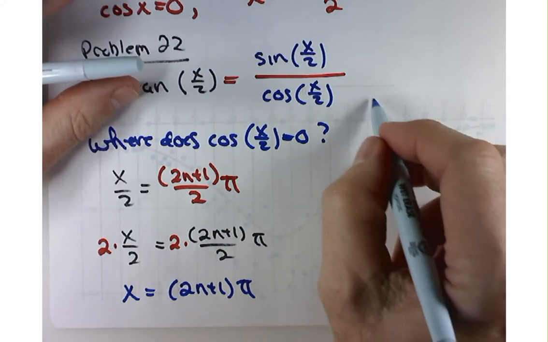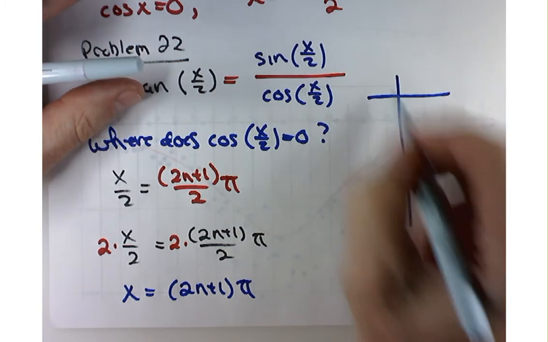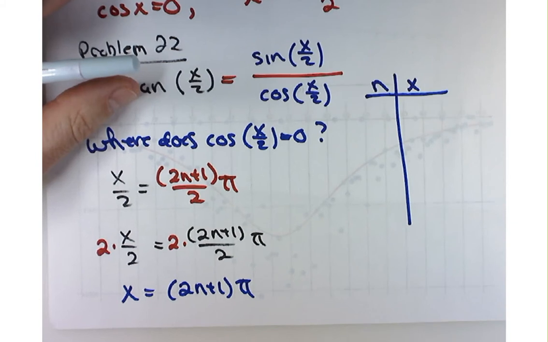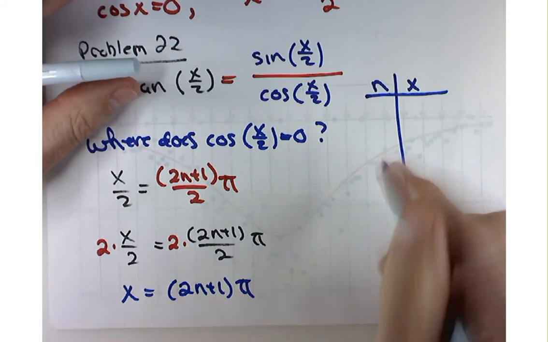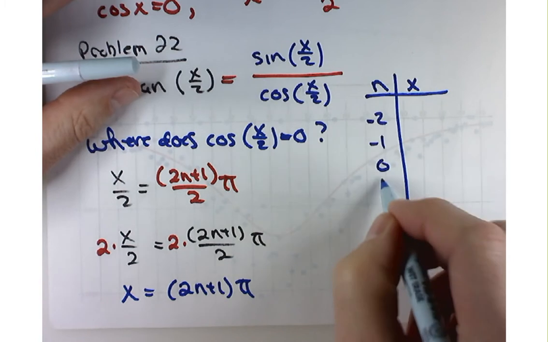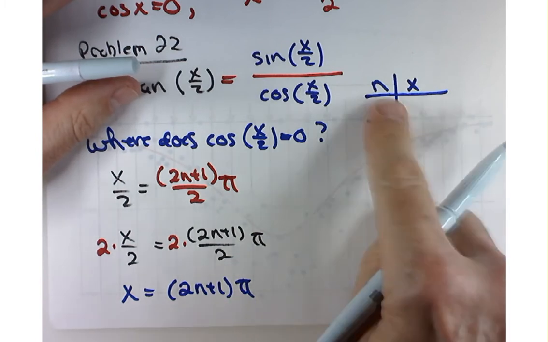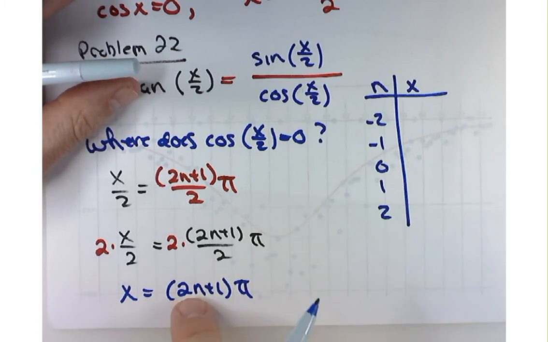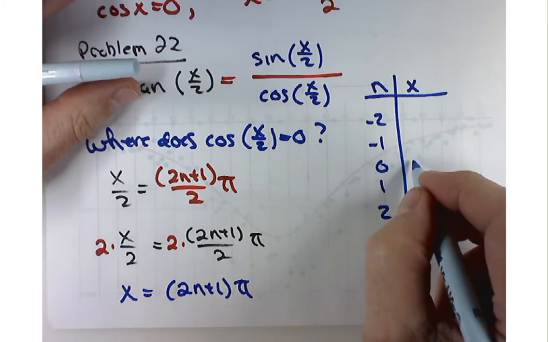Now maybe you're getting used to seeing this, maybe not. So let me just point out again. Let's plug in some different values for n: negative 2, negative 1, 0, 1, and 2. If I plug in n equals 0, I get 1 times pi, or just pi.